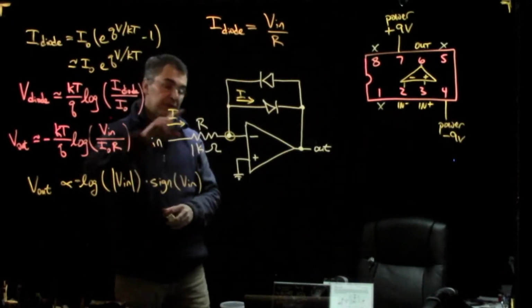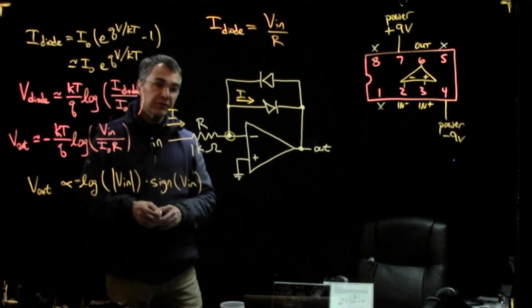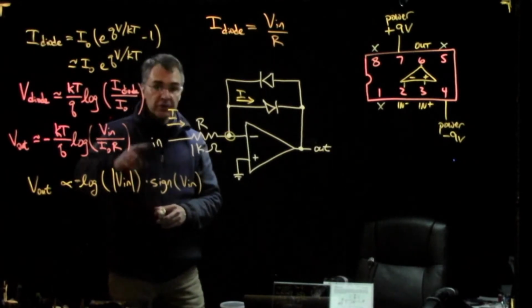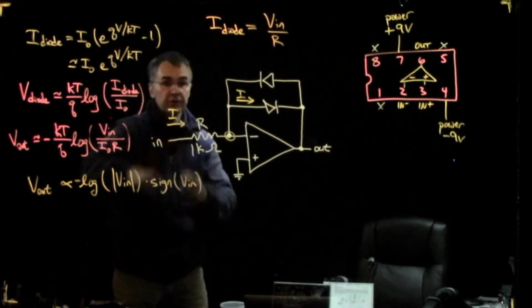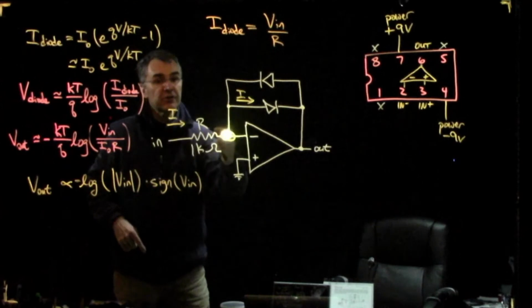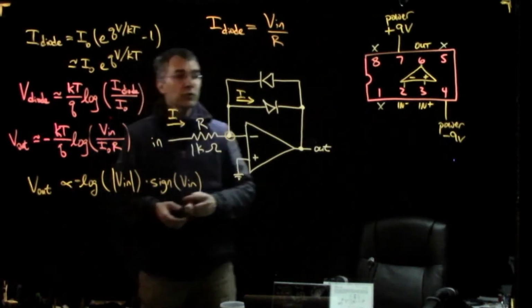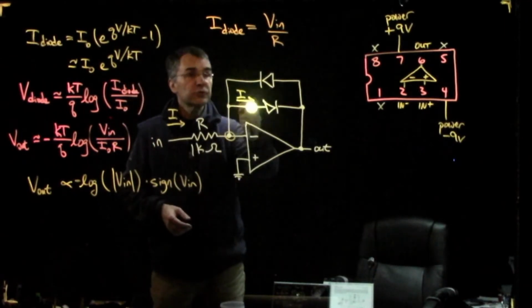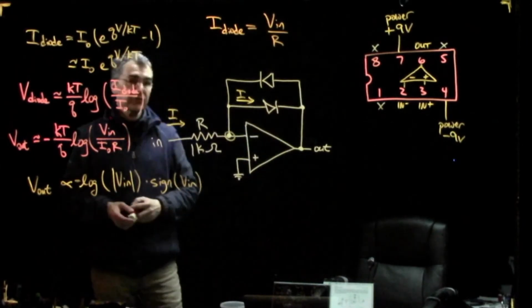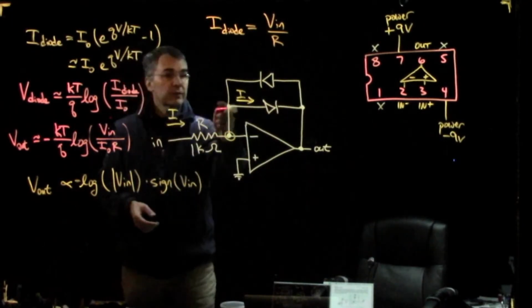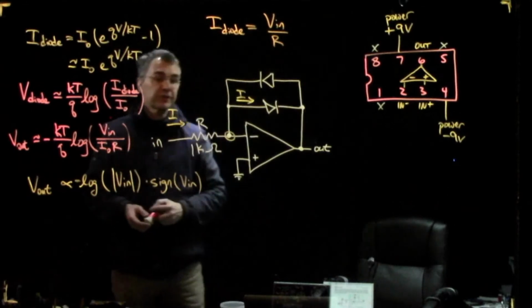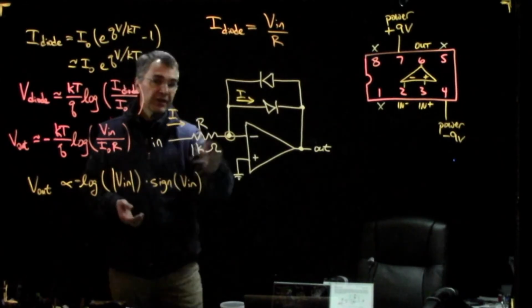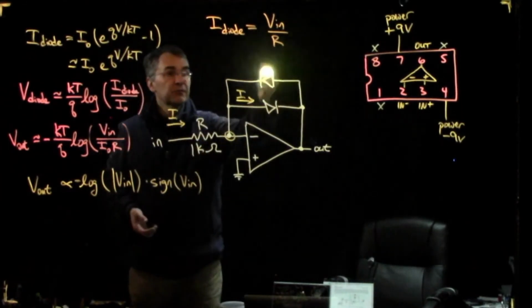And you know that the inputs draw negligible current. So whatever current flows in through this resistor, I called that I, will continue to flow through one of these diodes. If I is to the right, then it will flow through the lower diode here. And if you change the sign so that I is to the left, then it will instead flow through the upper diode.